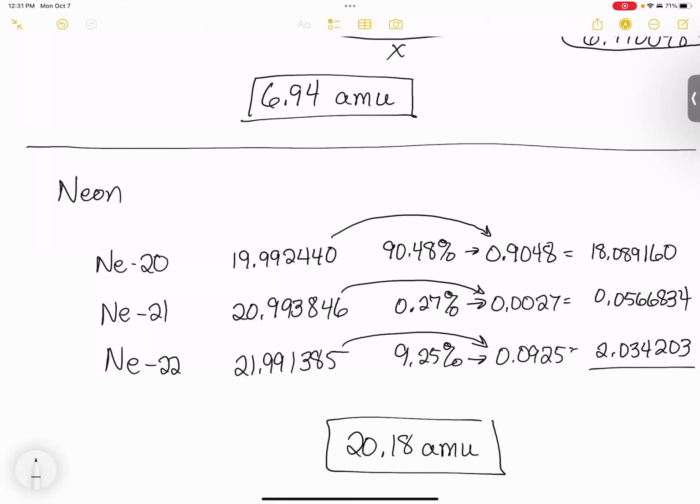Take a moment and look over that and make sure you're confident in how to determine the average atomic mass.